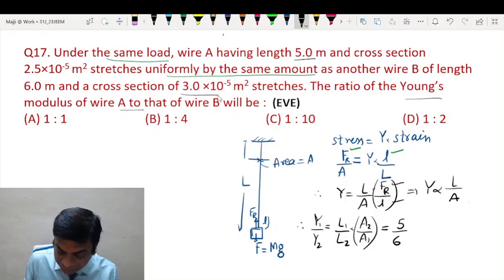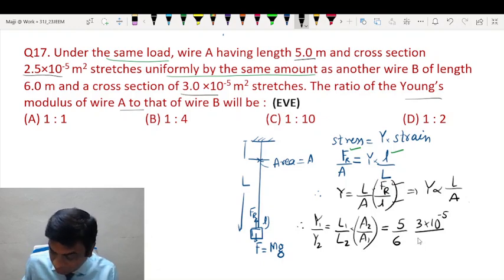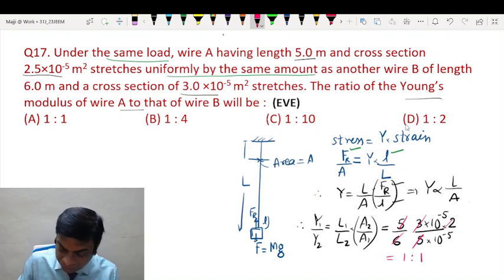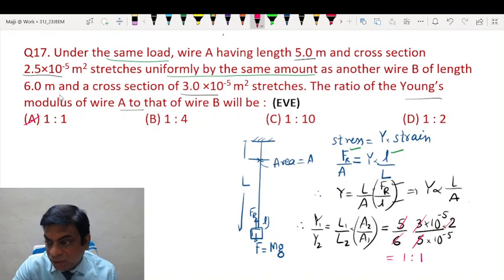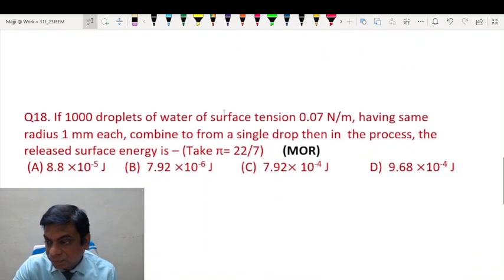Then A2 is 3 into 10 to the power minus 5 meters square, whereas A1 is 2.5, which is actually 5 by 2 into 10 power minus 5. So you can see all the factors get cancelled. 5, 5 gets cancelled, 6, 6 gets cancelled. Finally, we have 1 is to 1. A option is the correct answer.